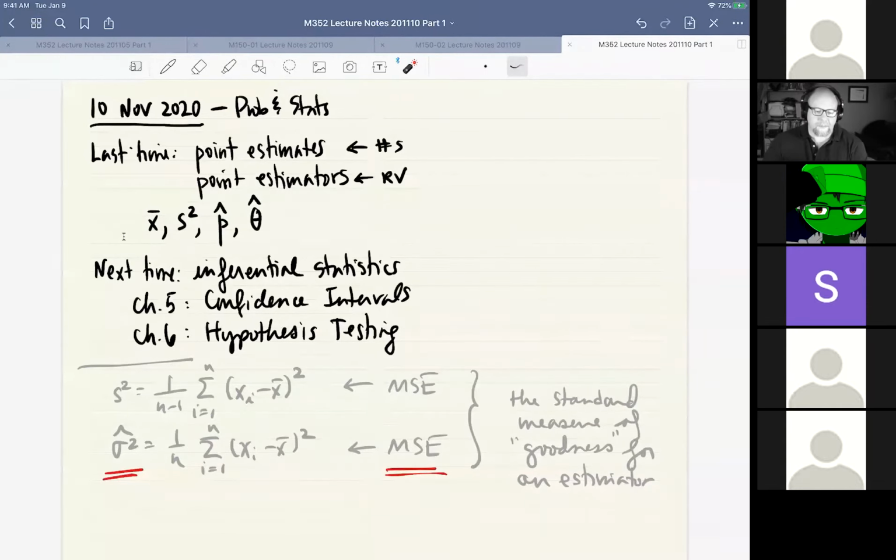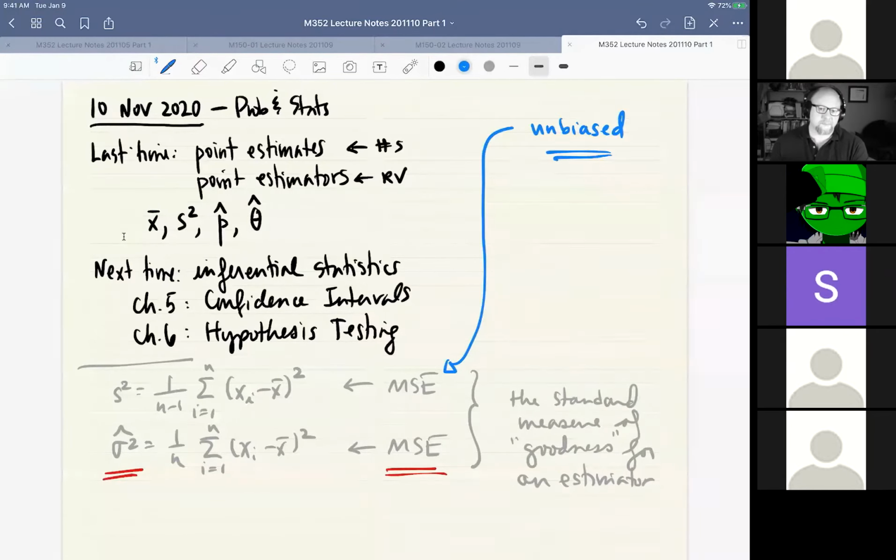So I'm trying to think about how to answer your question, and so I'm going to start talking before I figure it out. You mentioned, in answer to my question, the reason that the estimator with a larger mean squared error is used is because it is unbiased.